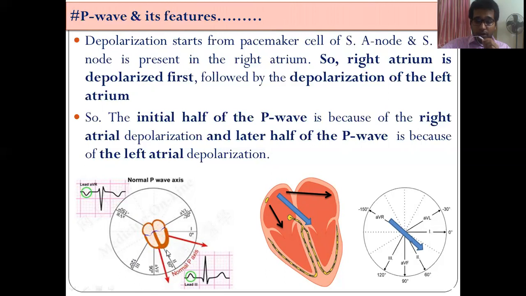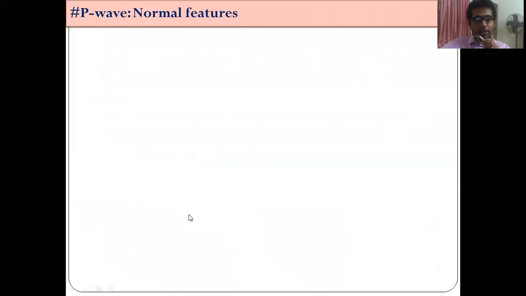But if the left atrium becomes enlarged, the axis of the P wave will be rotated anticlockwise. In that case, the voltage in the inferior leads will be decreased, but the voltage will be increased in lead 1 and aVL. Is it clear?